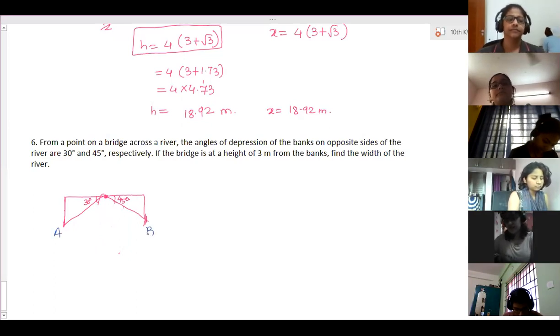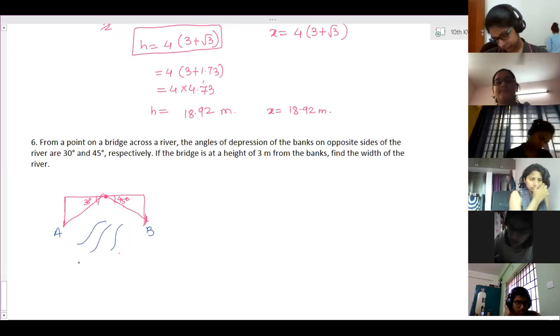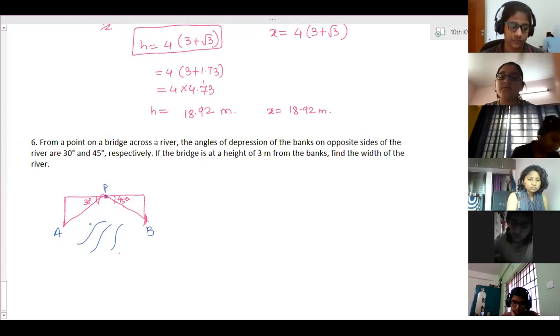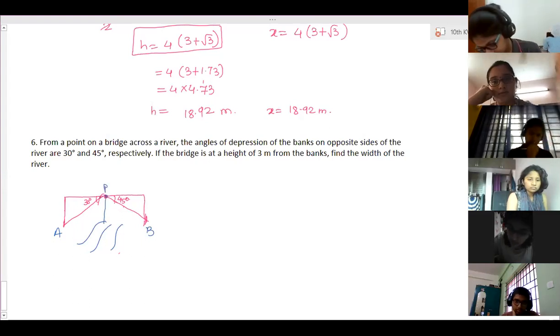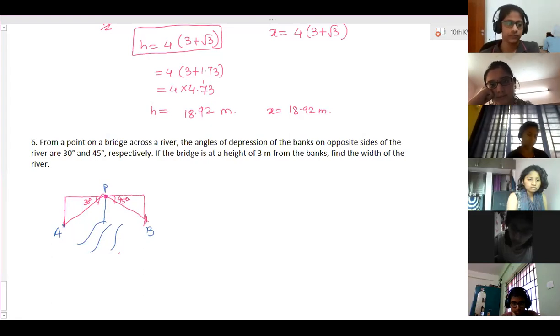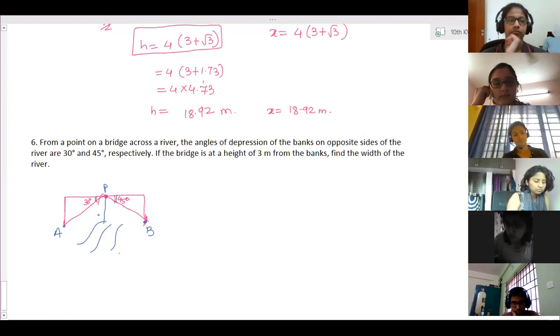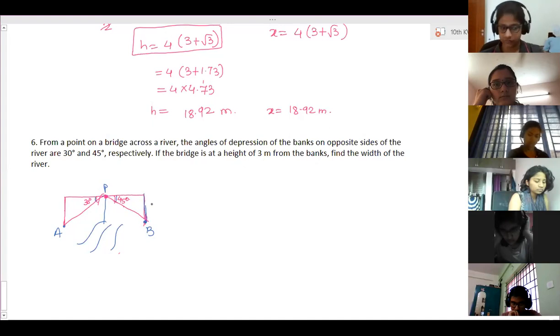AB is the width of the river. It is flowing in this direction, like this. A bridge is present. A point on the bridge, that is point P. The angles of depression of two banks, A is one bank and the second one is another bank, are 30 degrees and 45 degrees. If the bridge is at a height of 3 meters from the banks, from here this height is 3 meters.